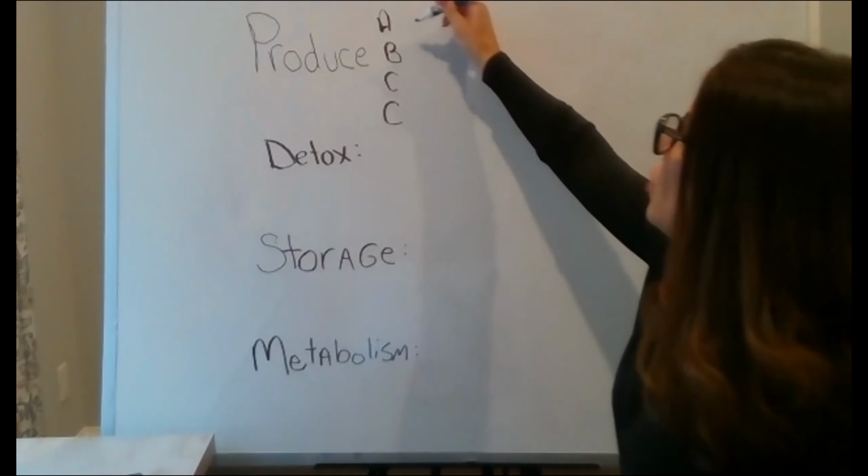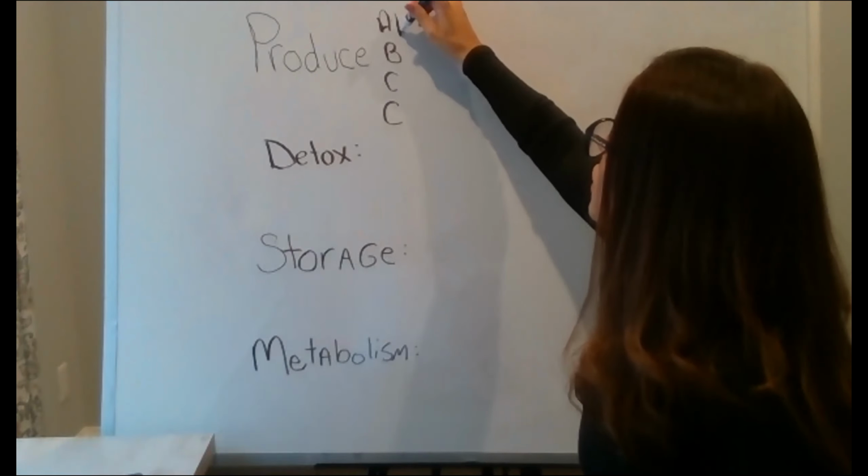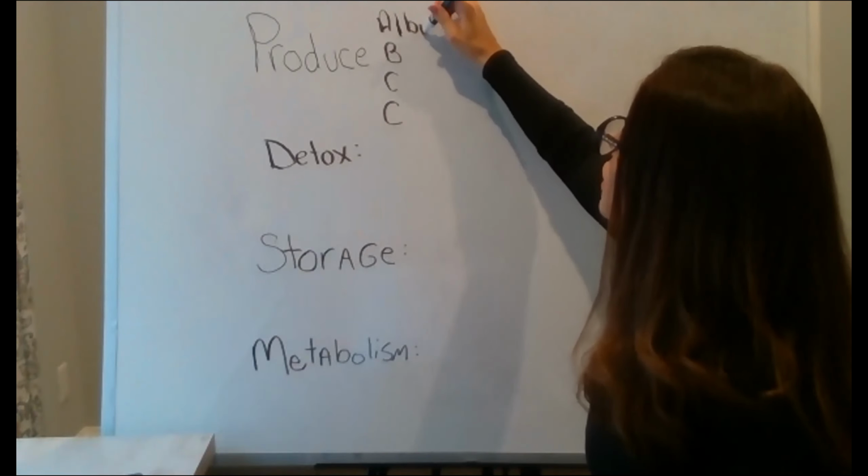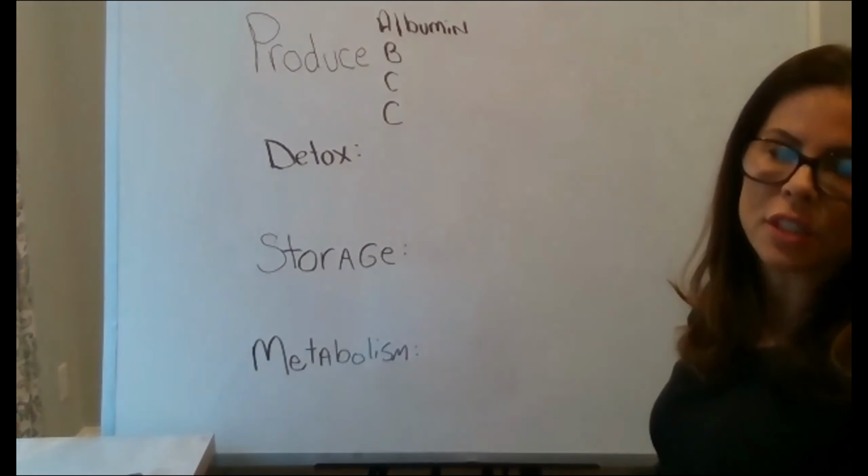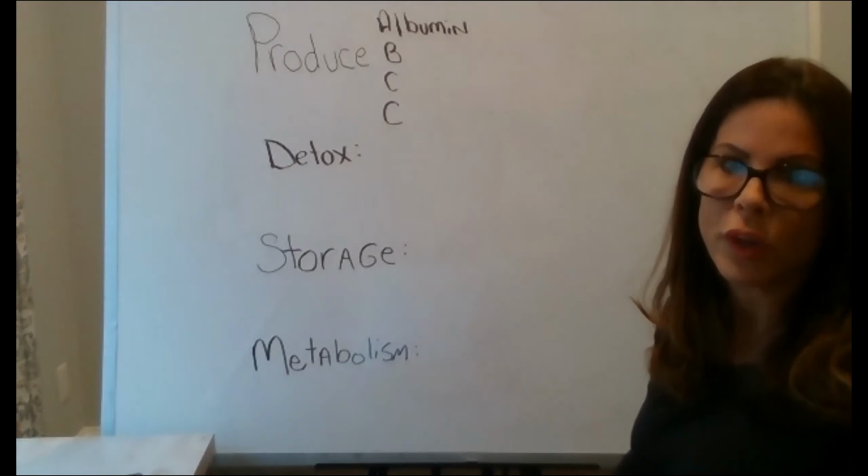So A for albumin, we know that the liver produces our albumin. We talked about before the role of albumin in our intravascular fluid volume regulation.